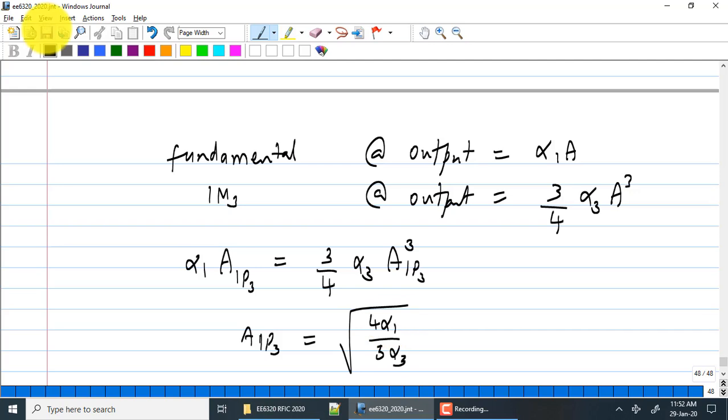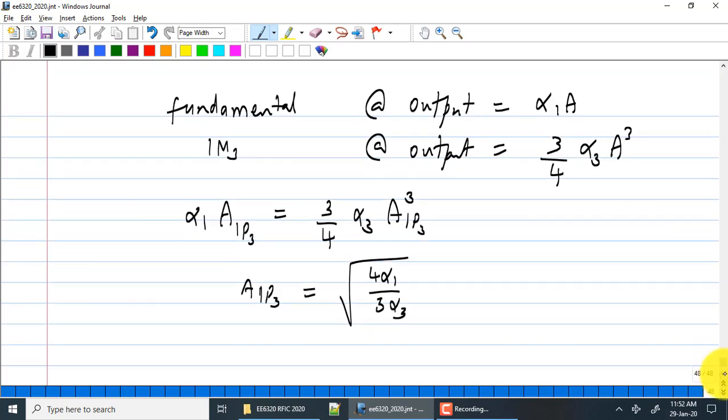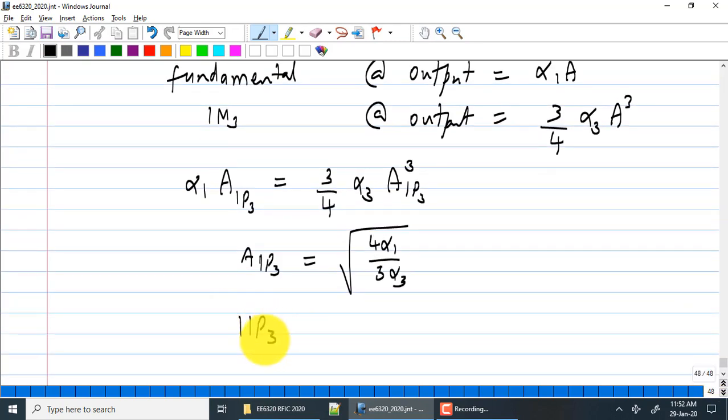And of course, what is the value of the power IIP3 if you referred it to some resistance RS, let us say? What is the IIP3 in power? This is the peak voltage, right? Peak amplitude.